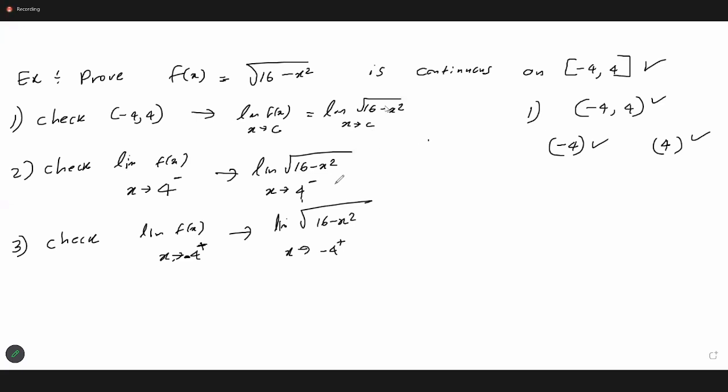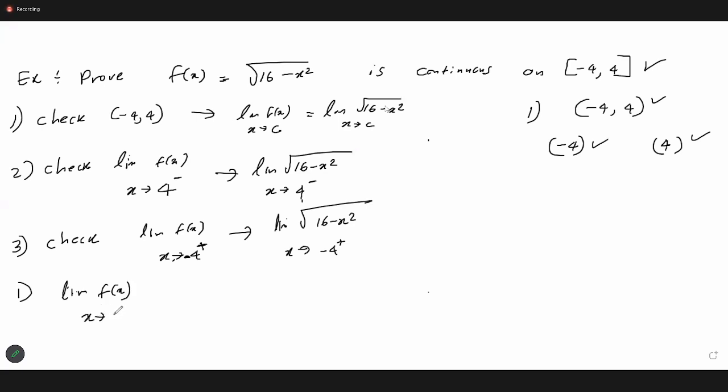Okay, let's now elaborate this test. I'll write the first one here: the limit of f(x) when x approaches c.